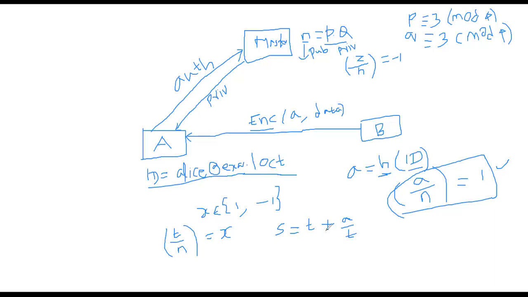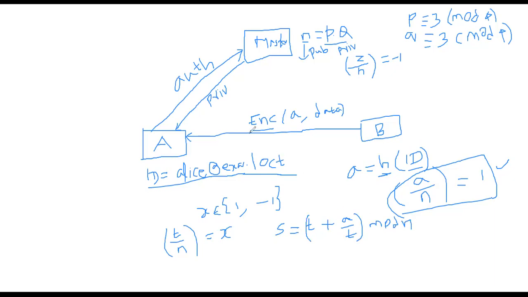He computes T plus A by T in mod N, so he gets the remainder, and then he sends the S to Alice.